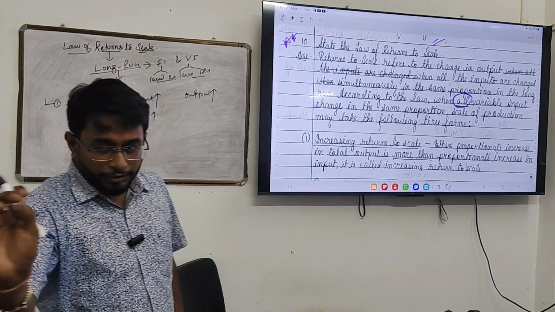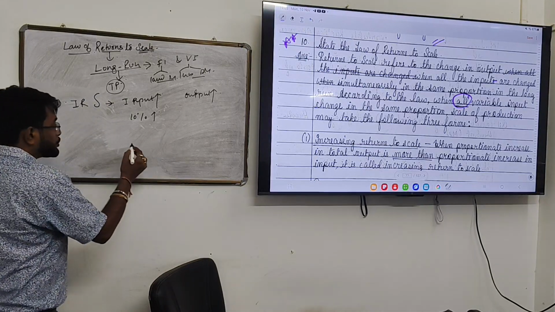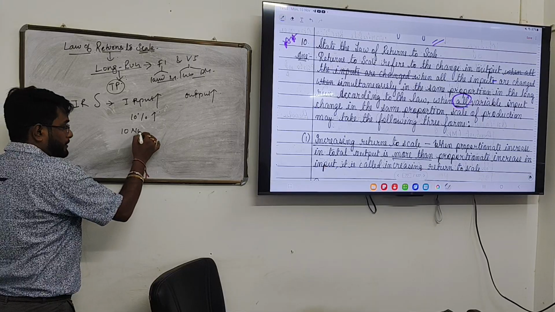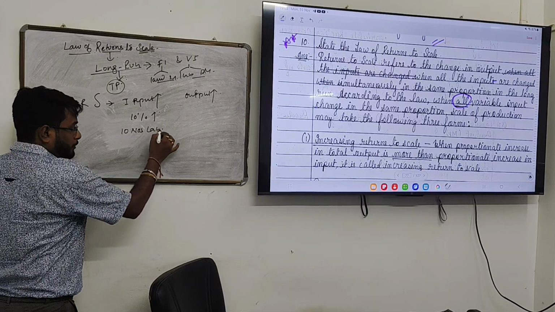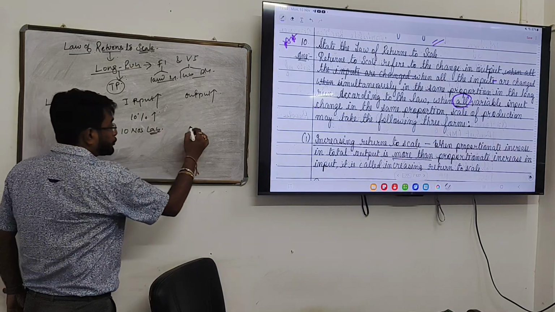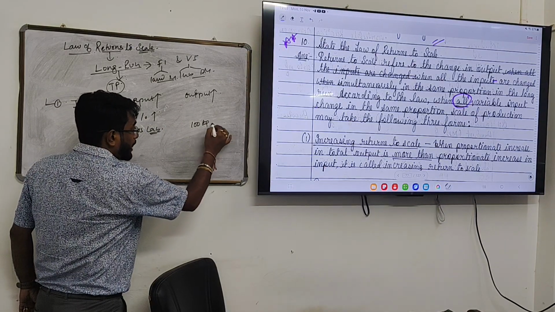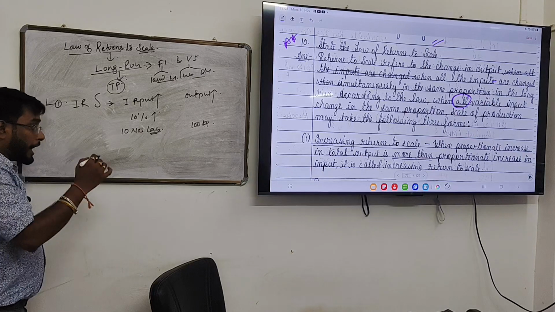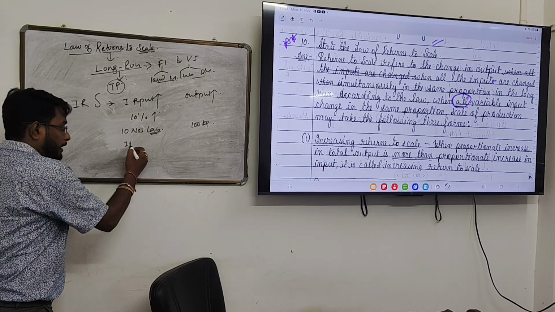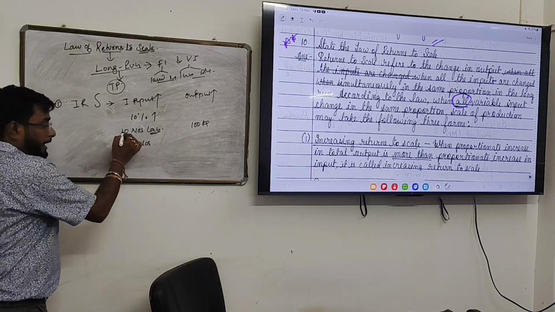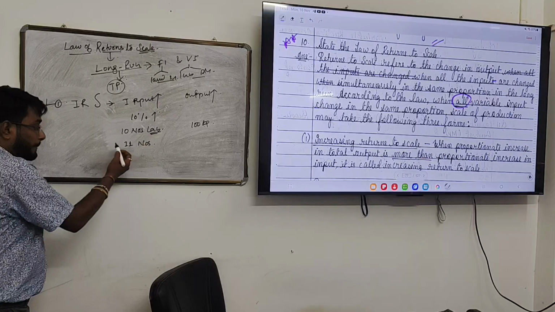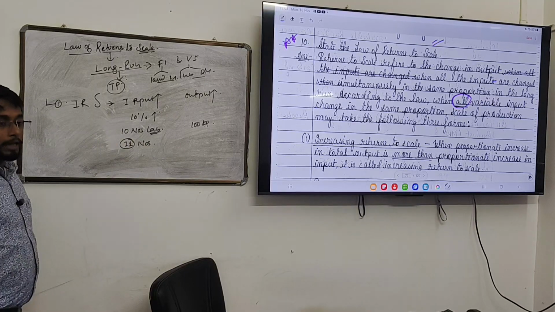Just for example, suppose initially the producer has 10 numbers of labor, and with these 10 numbers of labor the producer is producing 100 kg rice. Now the producer increases labor by 10%, that is, labor is now 11 numbers, since 10% of 10 is 1. Clear? So the number of labor is now 11.